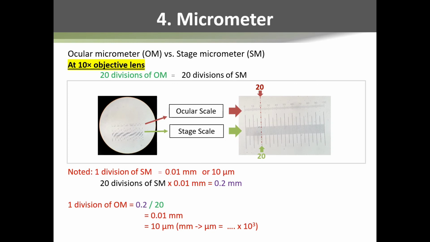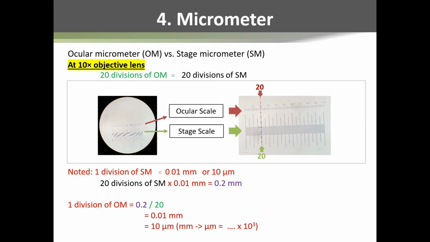At medium power, 10x objective lens, the ocular micrometer aligns above the stage micrometer as shown in the picture. Notice that the size of the stage micrometer is bigger. Here, the 20th mark of the ocular micrometer aligns with 20 divisions of the stage micrometer. One division of the stage micrometer is equal to 0.01 millimeter or 10 micrometers.